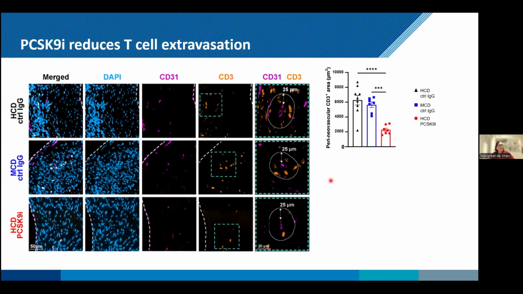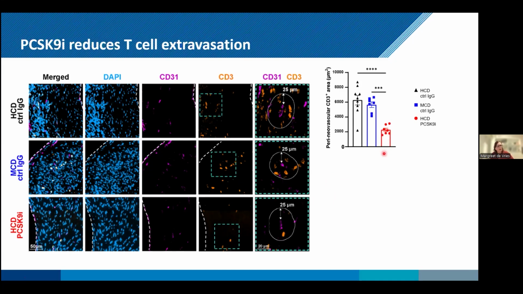And we could see a clear effect from the PCSK9 inhibition on these infiltrations of CD3 in the tissues of the vessel wall, in the vein graft wall.